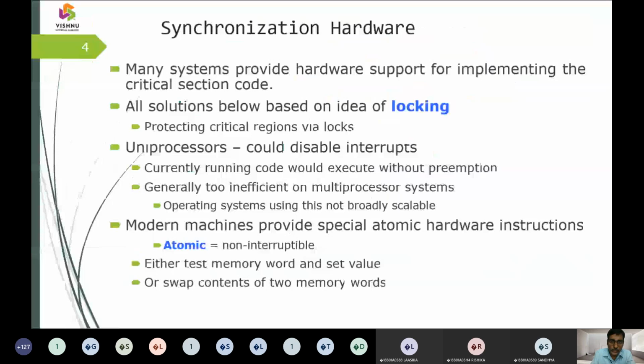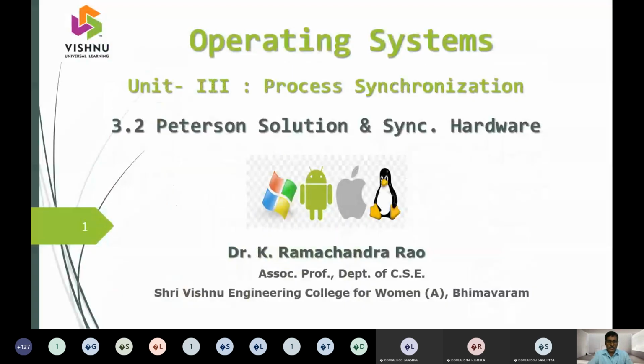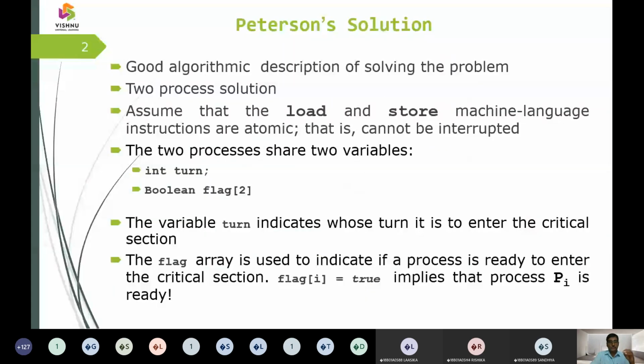So to conclude today's class, the first thing we took up was the Peterson solution. The Peterson solution addresses the case where more than one job is competing for a shared item. It gives a solution with two variables for PI and PJ, with two primitives, an integer primitive and a Boolean primitive, and it has an entry section and an exit section.